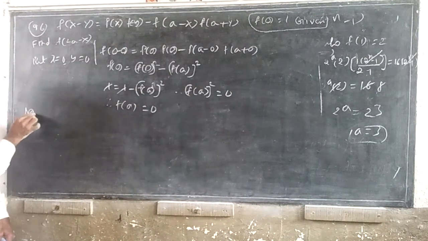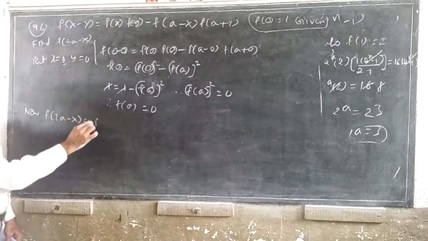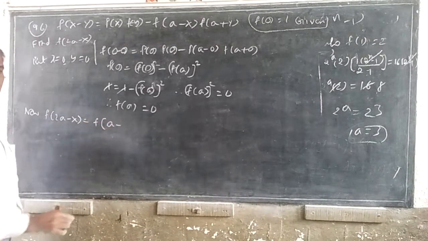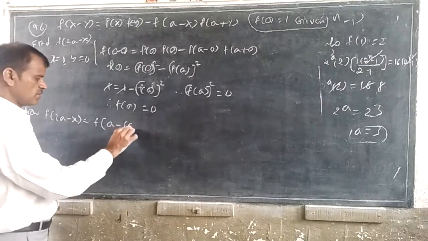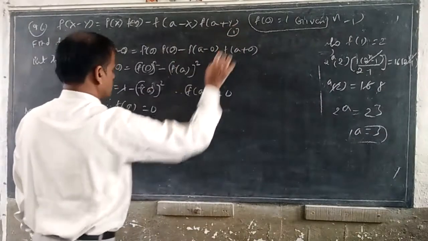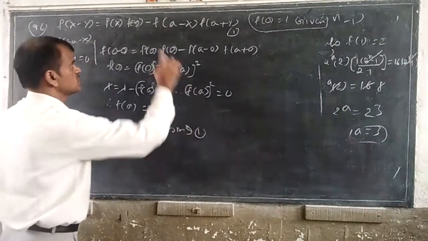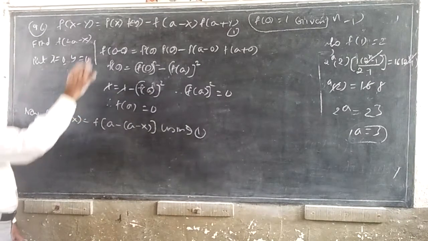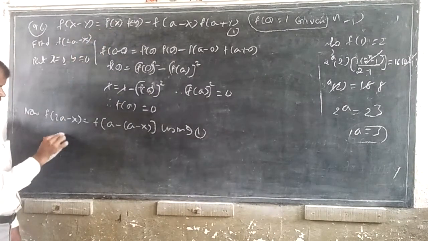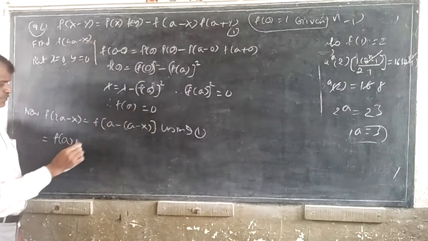Now, f of 2a minus x. You consider this one using the f of a concept. So f of a minus x, right? Using 1, I am writing, using the relation. So a means here x. Like this you should write. F of a into y means second letter, a means first letter.